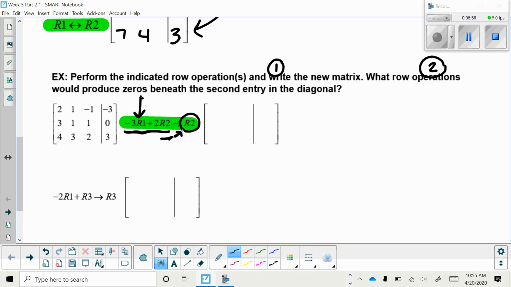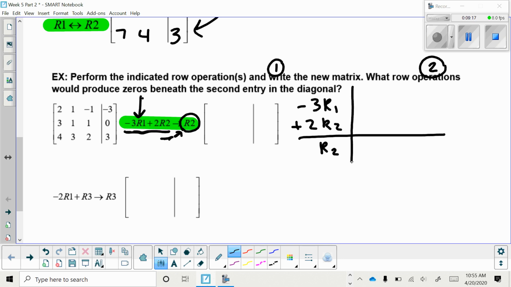But row 1 does not change permanently. So here's how this is going to look. So -3 row 1, I'm going to add that to 2 row 2. And it's going to give me my new row 2.